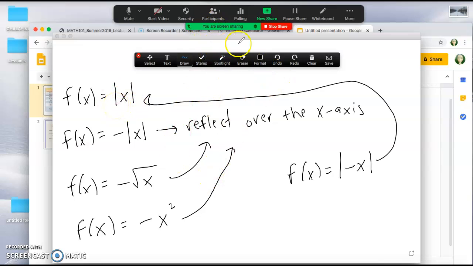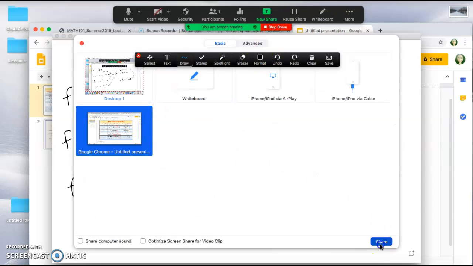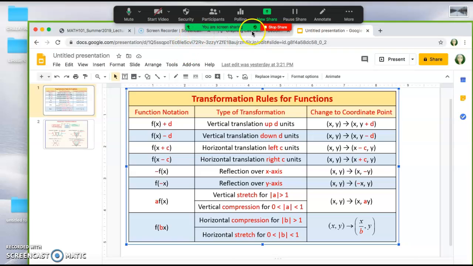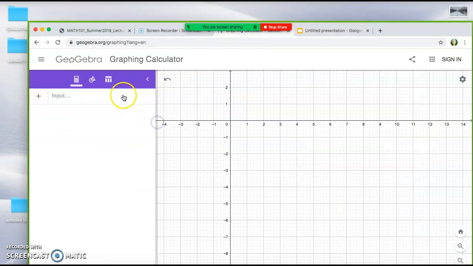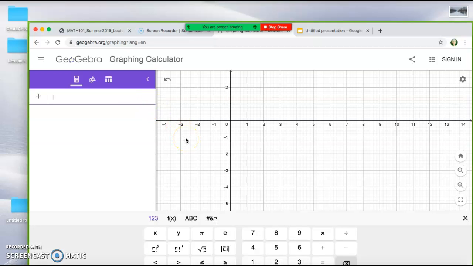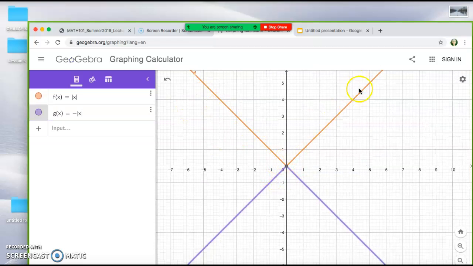So now let's graph it and see what happens to our transformation. Here we have the absolute value of x, which gives us a V shape starting at 0, 0. Then we have a negative times the absolute value of x. The red graph represents our first f of x, the absolute value of x.